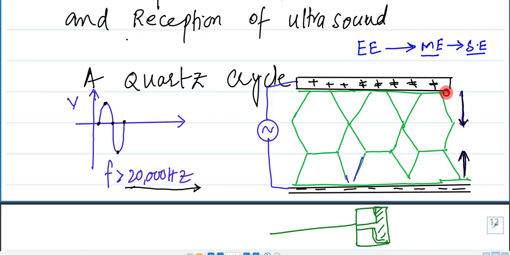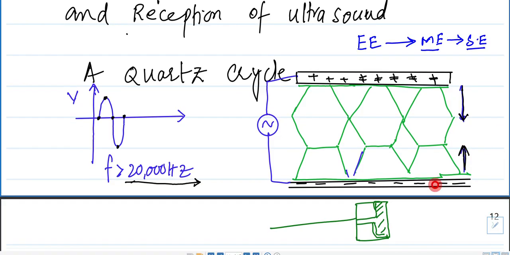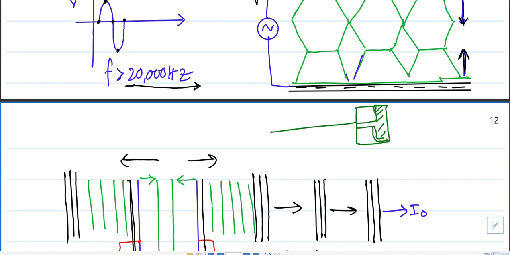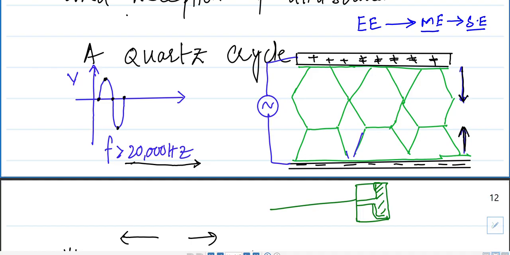Due to that it causes compressions and rarefactions. There is one more thing I want to explain to you here: there is an electric field developed here. Due to this electric field, these plates will be coming closer to each other, then moving away, closer and away.